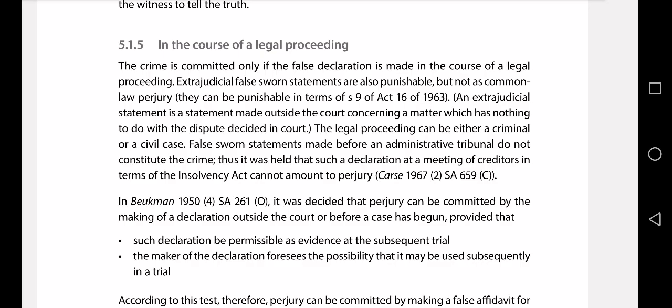In the course of legal proceedings, the crime is committed only if the false declaration is made in the course of the legal proceedings.